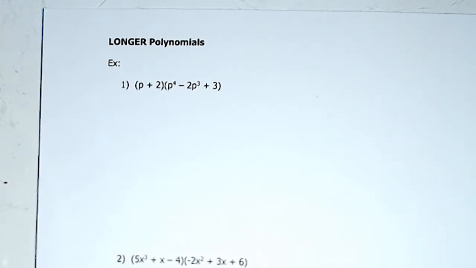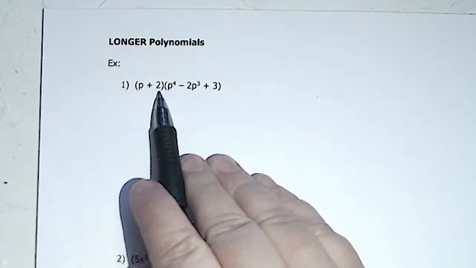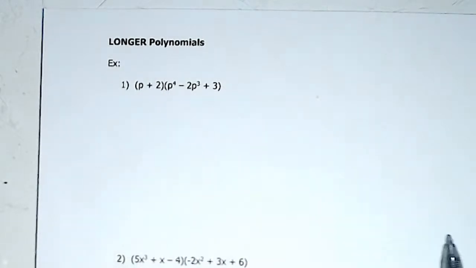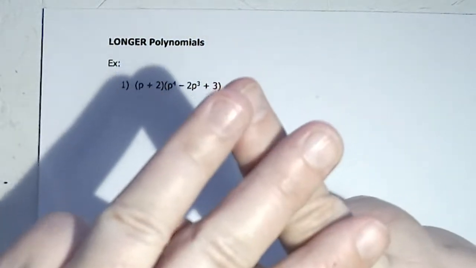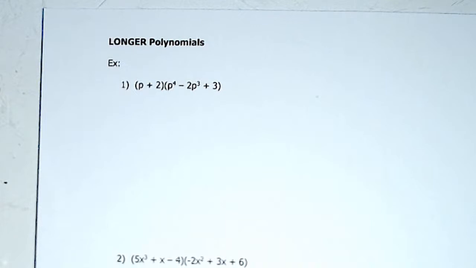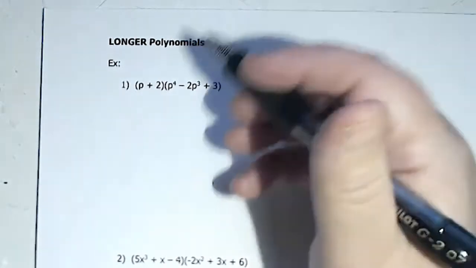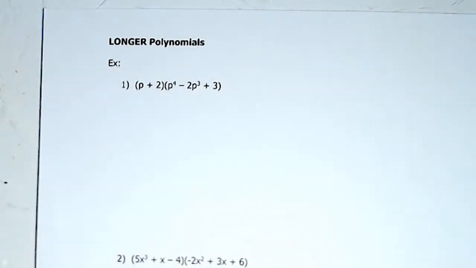This is a binomial times a trinomial. So let's see if we can do the multiplication here. If I've got 2 terms and I multiply it by 3 terms, altogether I'm going to get 6 terms in my answer. So let's be really, really careful, okay? I'm going to take the first term, sorry, I did it again.